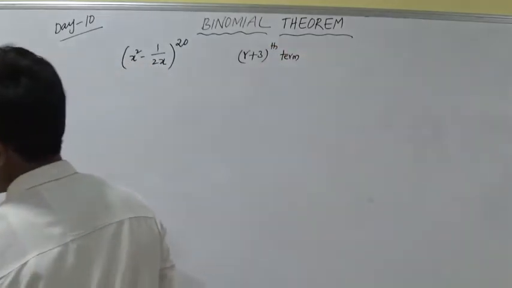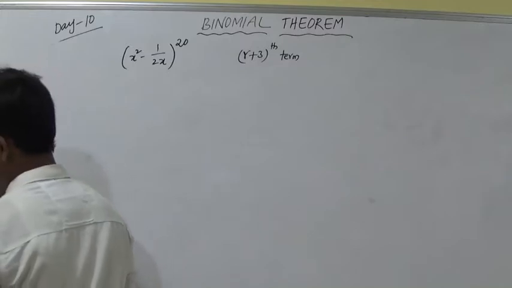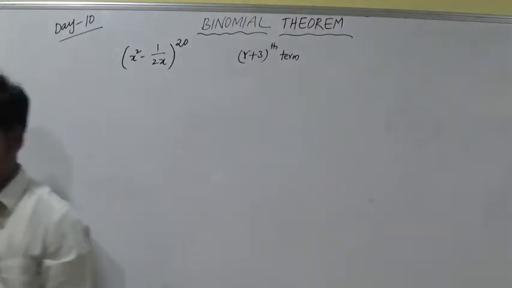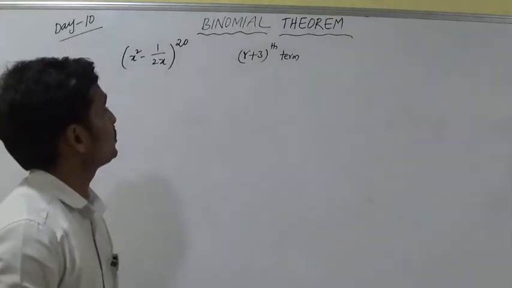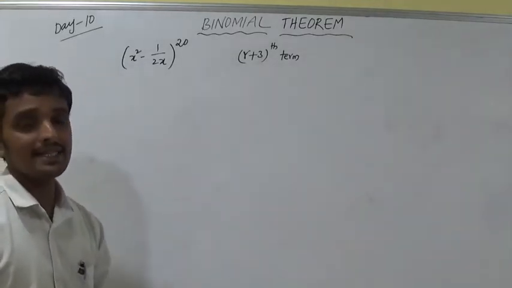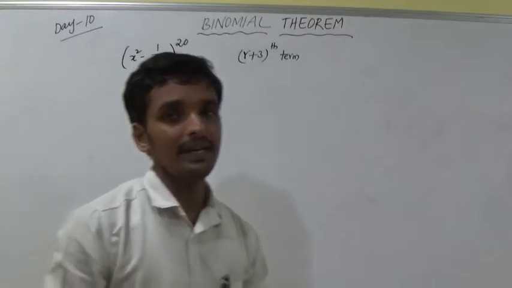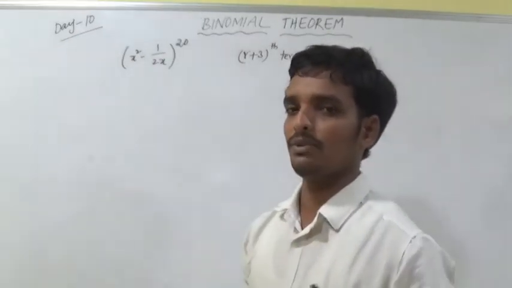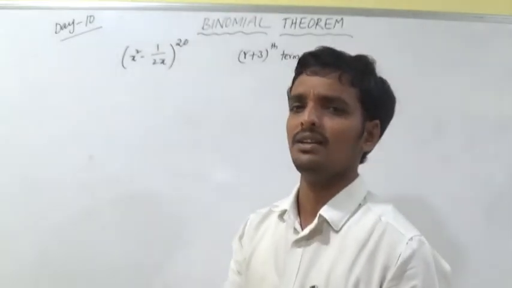So they are giving x square minus 1 by 2x whole power 20. The rth term is the middle term. We can find the middle term, which is r, and then find t r plus 3. If you find the r value and add 3, you will get the answer.